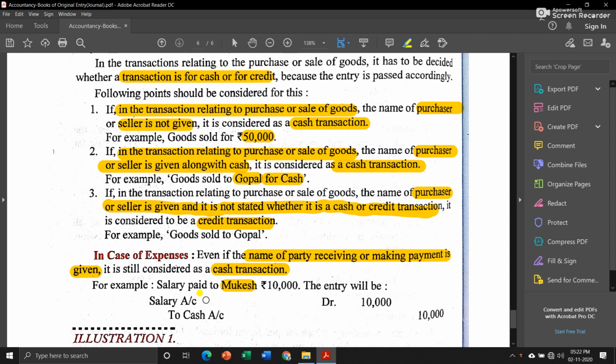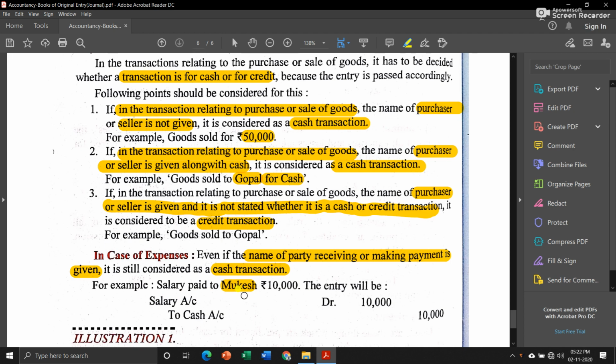But in case of expenses, even though they do not mention that salary was paid to Mukesh in cash, if the name of the receiver or the payer is given, it is a cash transaction. So these are some rules that we have to keep in mind.